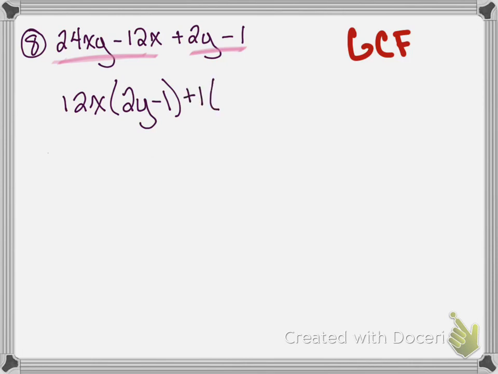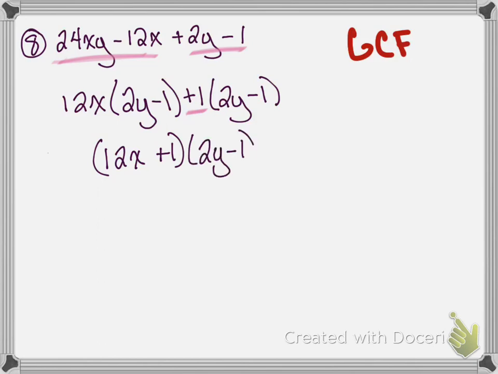Okay? 1 times 2y gives me 2y. 1 times negative 1 gives me negative 1. So be careful there. Students forget that right there and they're not sure what to do. So my final answer here is 12x plus 1 times 2y minus 1. Okay?